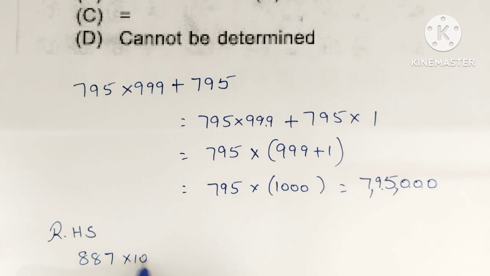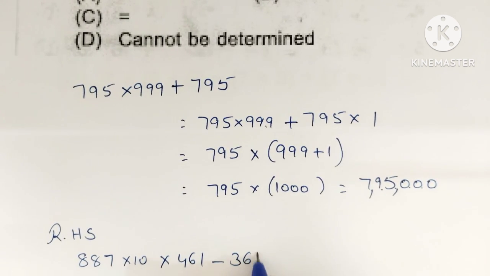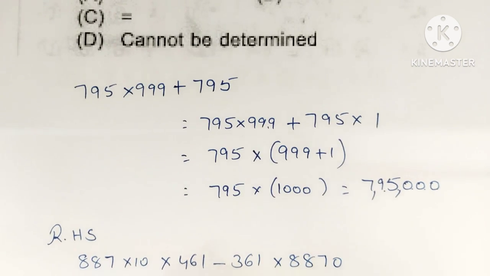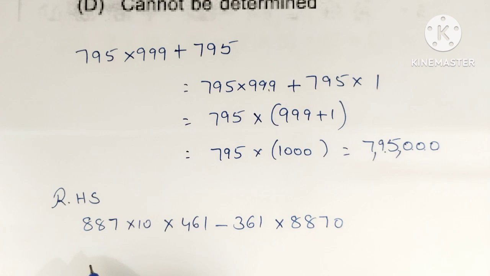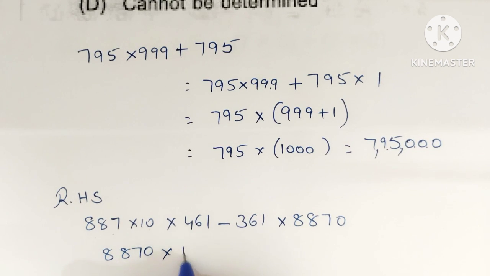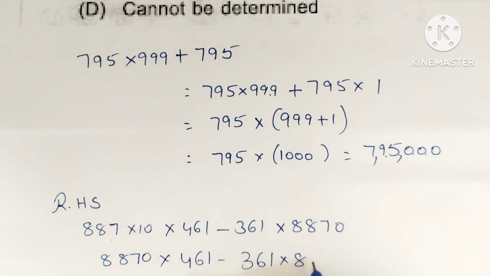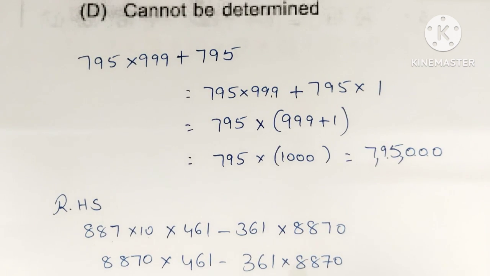887 into 10 into 461 minus 361 into 8,870. RHS: 887 into 10, which is 8,870, into 461 minus 361 into 8870.